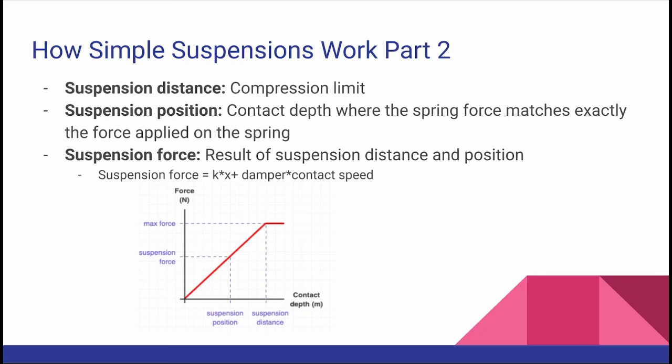Using the sprung mass, you can calculate the natural frequency for that spring under that particular load. This can be calculated using the formula natural frequency equals square root of stiffness over sprung mass. And the concept of sprung mass can also be used for studying the damping behavior of the car, which will be explained in the next slide.